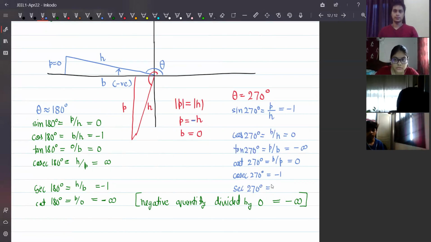See, it is hypotenuse by base, and hypotenuse is always positive. So infinity.